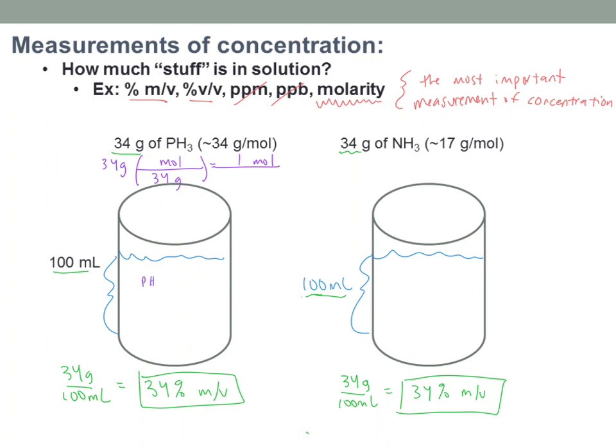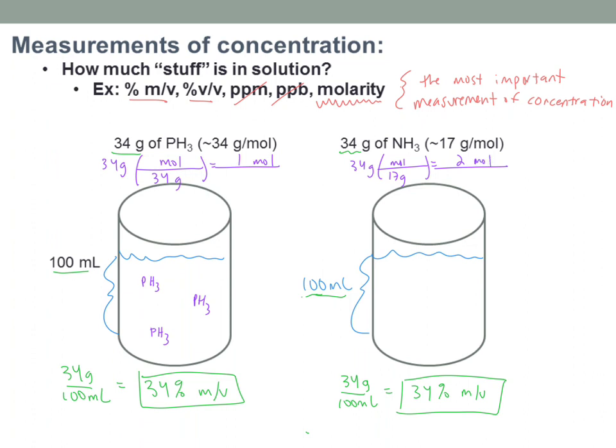I'll draw 3 phosphine molecules to represent the equivalent of 1 mole. Now, if I do the same exercise over here with ammonia, ammonia doesn't weigh 34 grams. It only weighs 17 grams per mole. So if I'm adding 34 grams of ammonia, I'm actually adding 2 moles of ammonia.